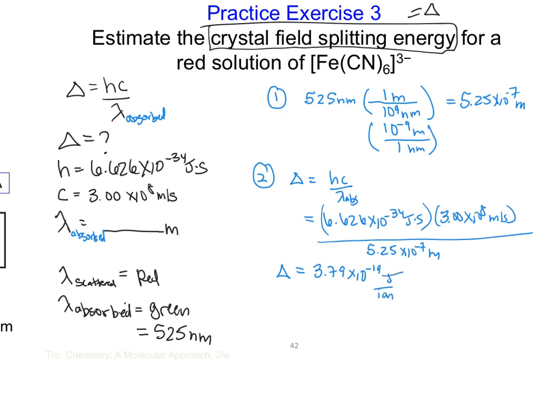And something that's really important to remember, the units for delta are always in kilojoules per mole. So once we get our joules per ion, I can convert. I know that there's 1,000 joules in 1 kilojoule.